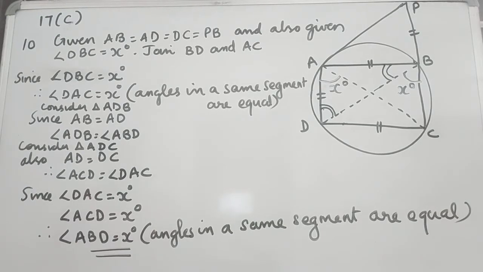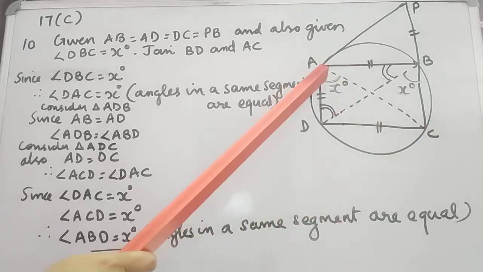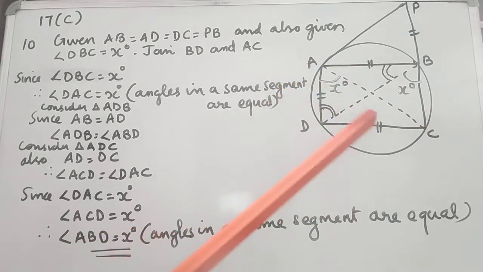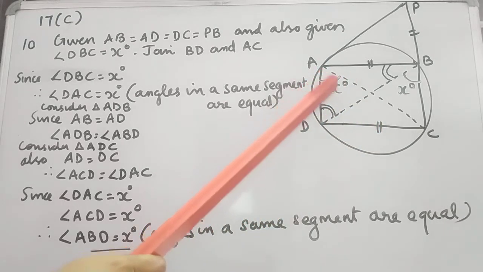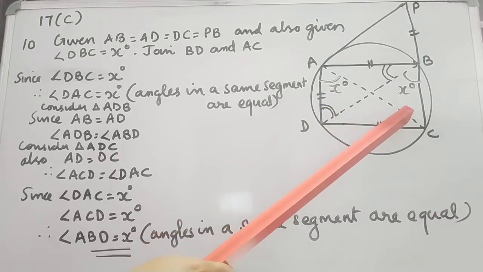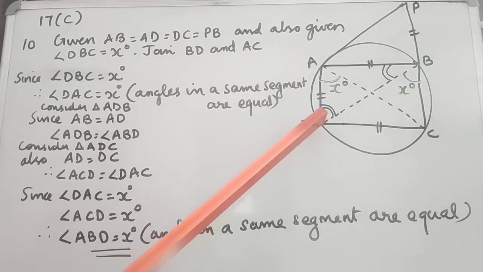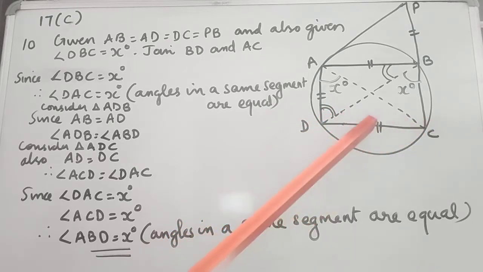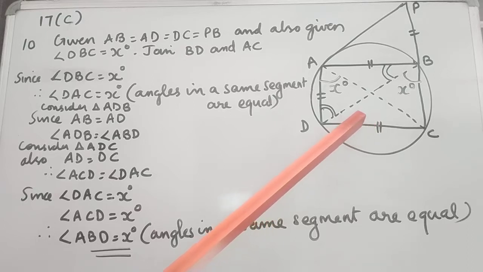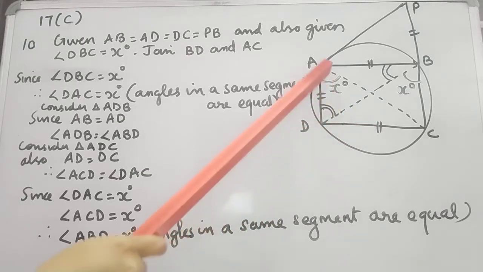Next consider triangle ADC. Also given in the question, AD is equal to DC. So the angle opposite to AD is angle ACD, and the angle opposite to DC is angle DAC.